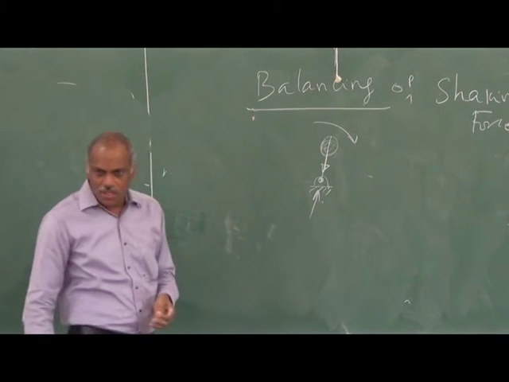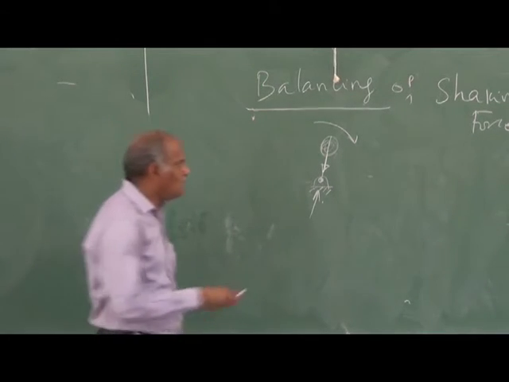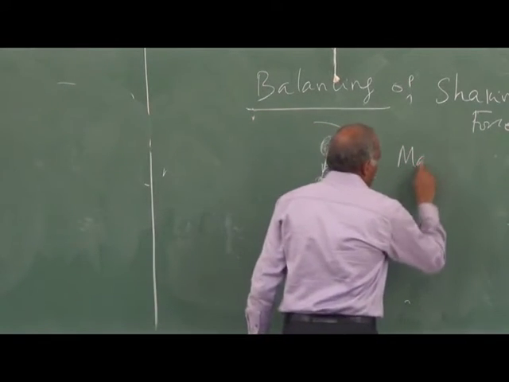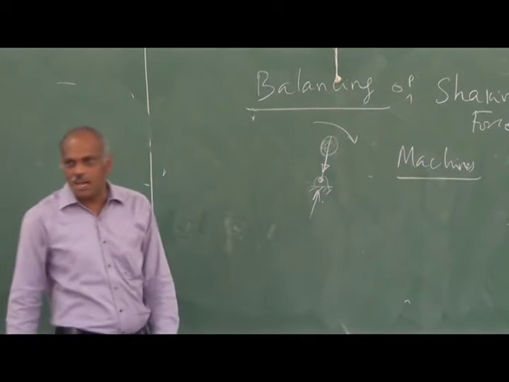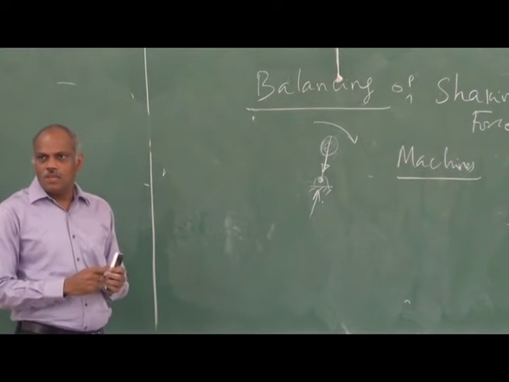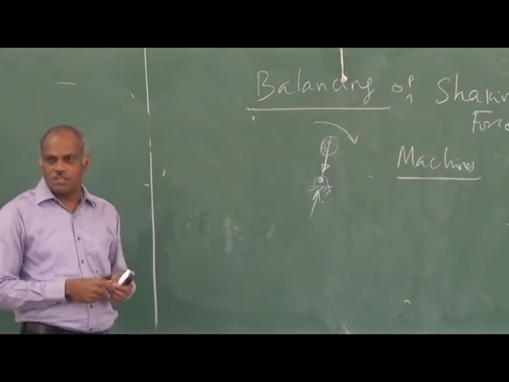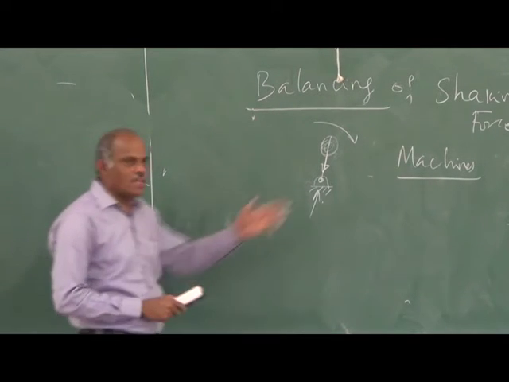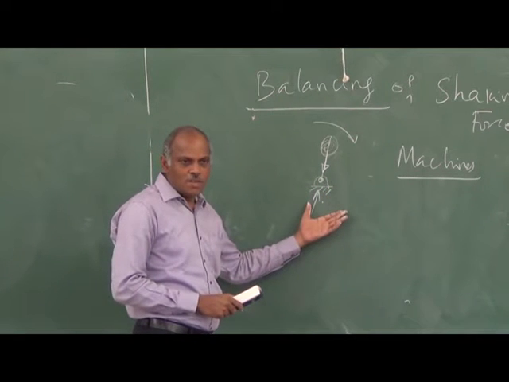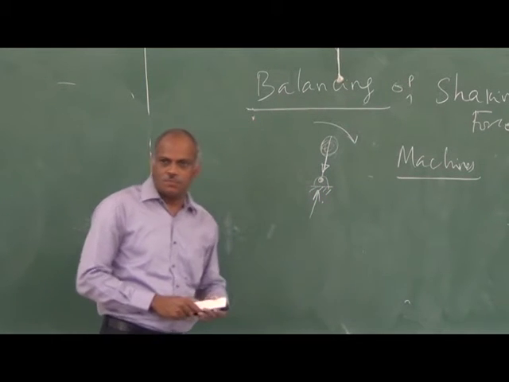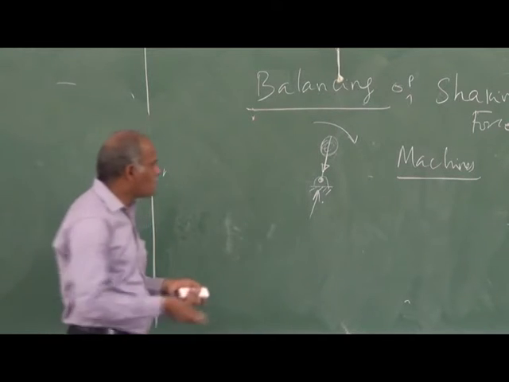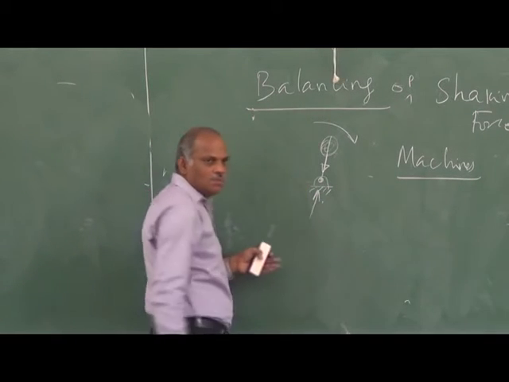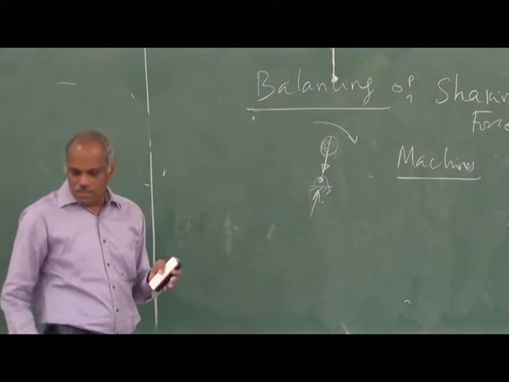So if you have a machine, we are discussing machines, and it has inertial forces, the net inertial force, the shaking force, that will be transmitted to your foundation or the frame that is connected to the ground so that it won't shake.